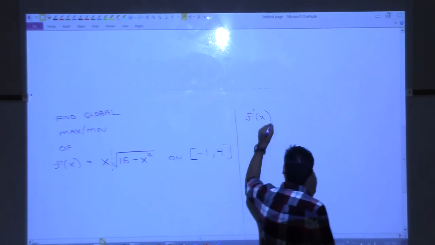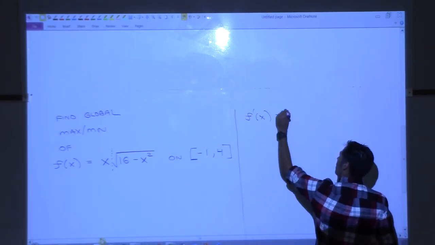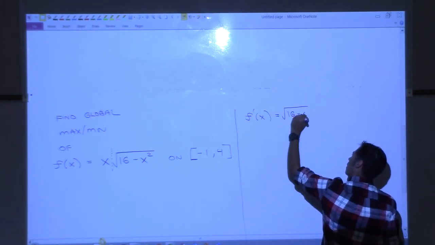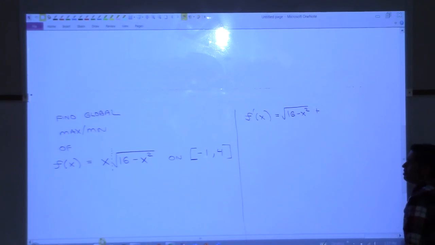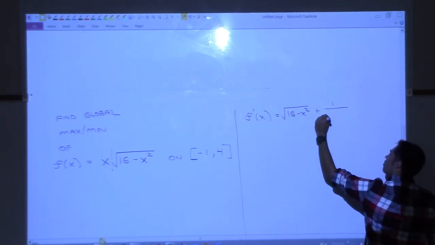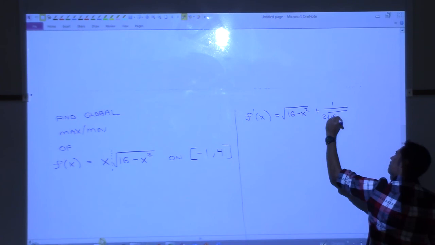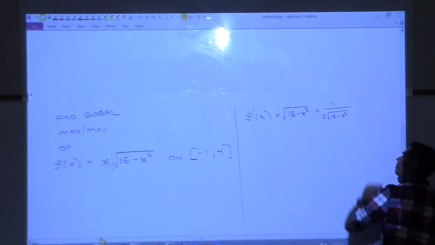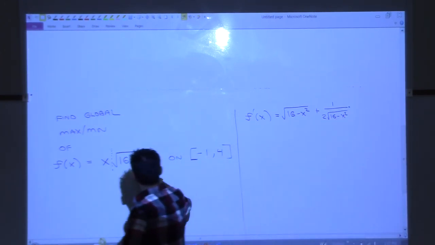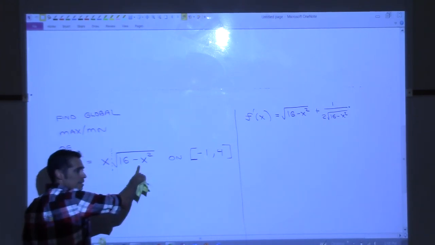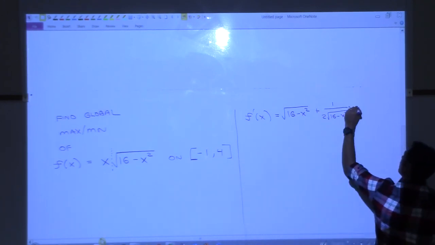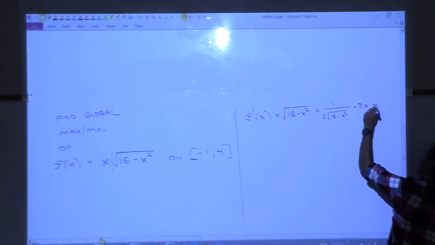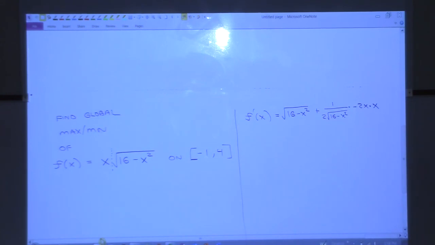So derivative of the first function, which is just 1, times the second function, plus the derivative of the second function, which is 1 over 2 roots of 16 minus x squared, chain rule, times the derivative of what's in here, -2x, right? But then also finishing off the product rule times x. So times -2x times x, right? And we've finished the derivative.